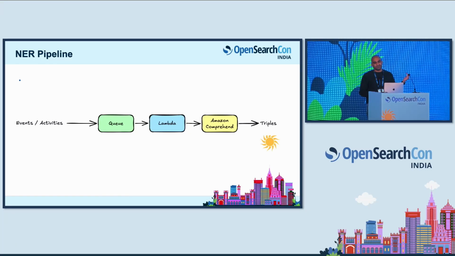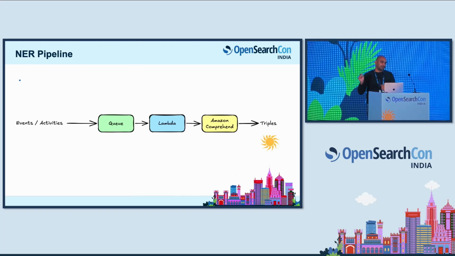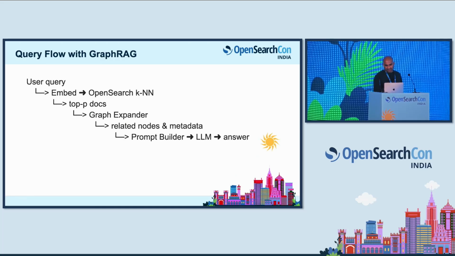You just need to feed it towards a Lambda or a serverless layer and generate through Amazon Comprehend or something, and feed it to your triplets. So you're generating triplets out of it and storing it. All this happens in an asynchronous manner, so that you not only have your documents, but you also have your activities being fed into the triplet layer, into OpenSearch. So this is eventually what happens altogether.